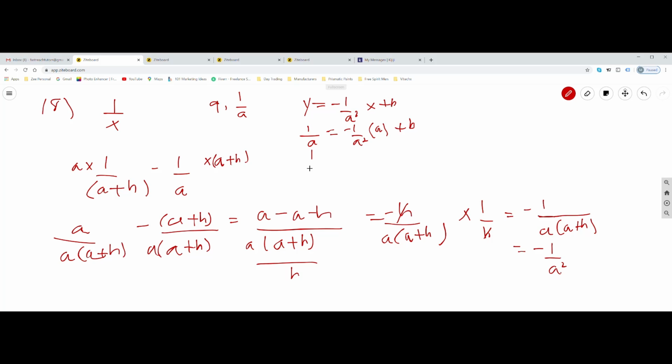You get 1 over a equals negative 1 over a plus b, so 2 over a equals b.